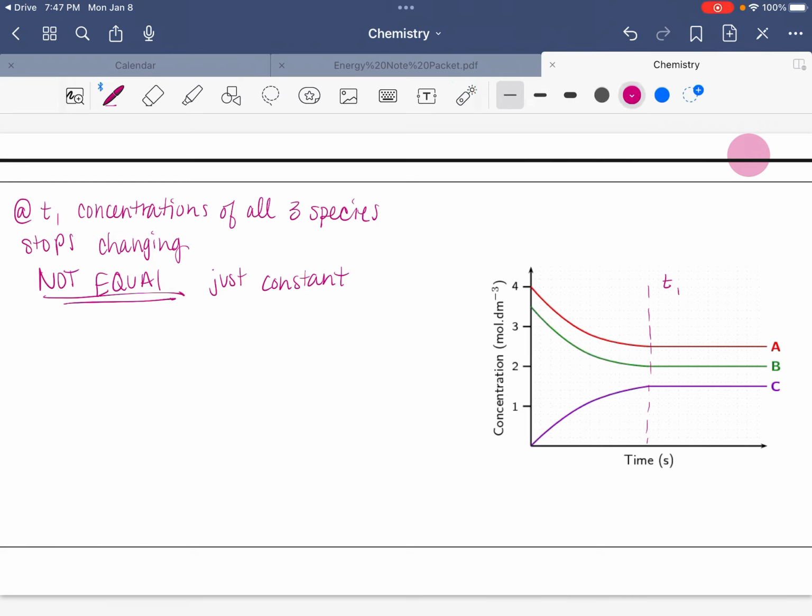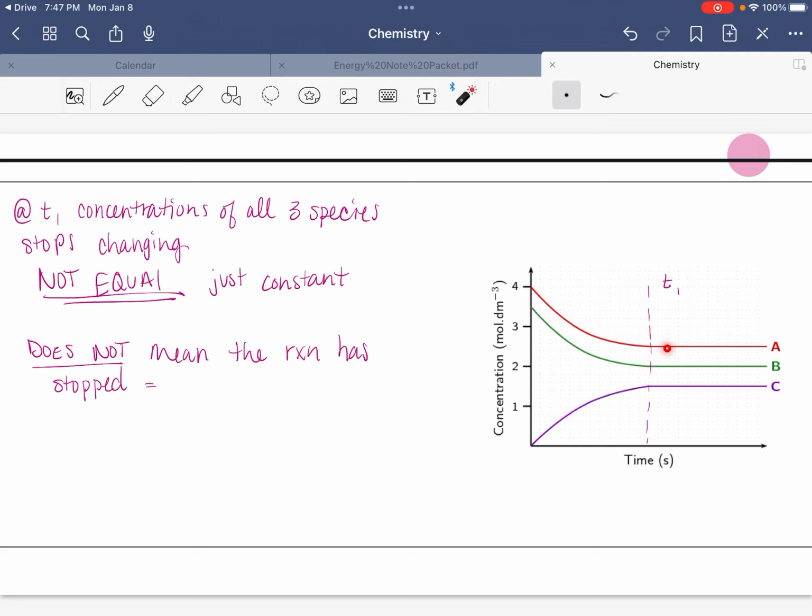An important thing to note too is that once we've reached equilibrium, it does not mean that the reaction has stopped. Over time, we still have our reactants becoming products and our products becoming reactants, but the rate at which this is happening does not change the overall concentration of either.